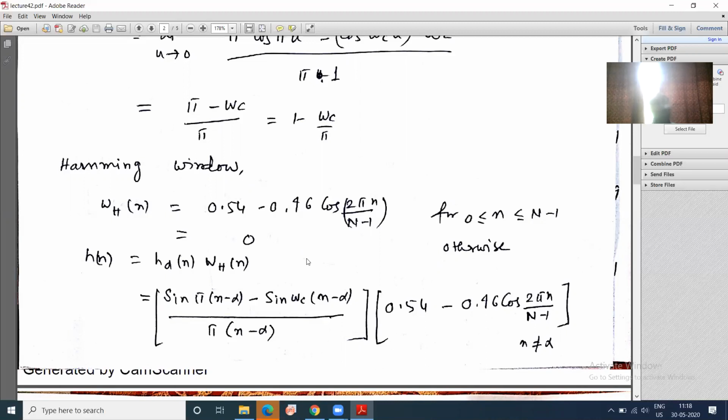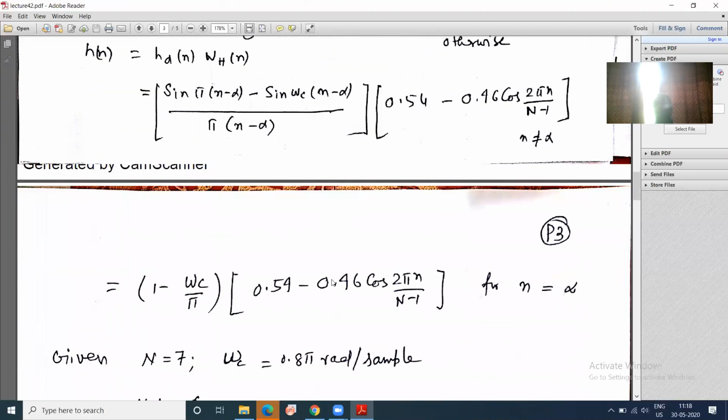I hope this is understood. Okay, yes sir, very good. Now, if I have any scope in the laboratory, then definitely I will show you how different kinds of windows give different passband stop band characteristics.